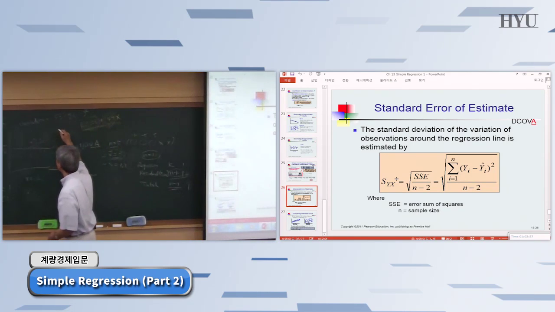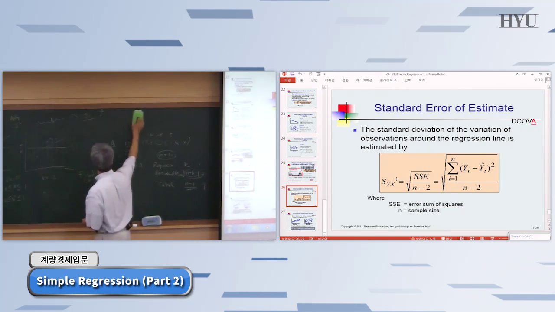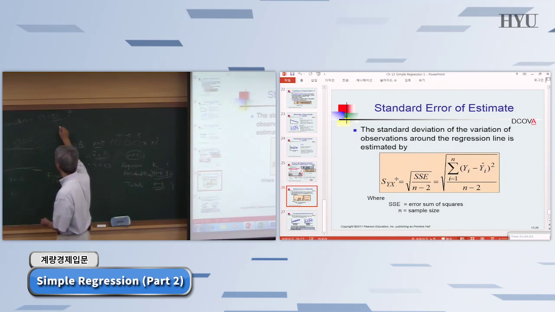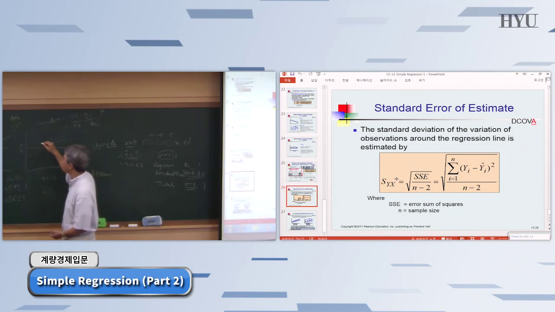If you divide the variation, the sum of squares, by degrees of freedom, it becomes what? Any idea? Variance, right?